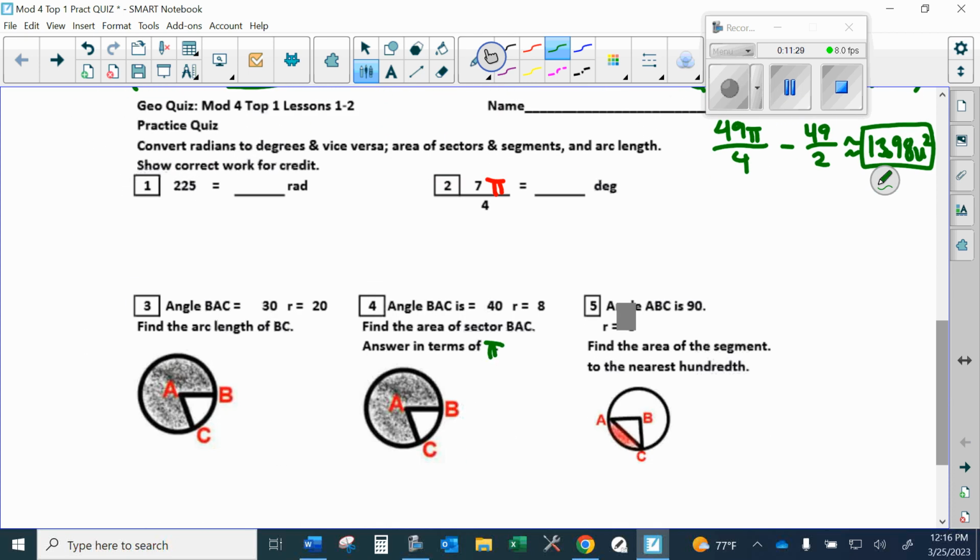Let me put that pi back in there. And when you're done, hit play and see if you get them right. I'm just going to go ahead now and post the answers. No work. You have the work above on how to do these. So again, if you haven't paused it, pause it. When you're ready, hit play and check.